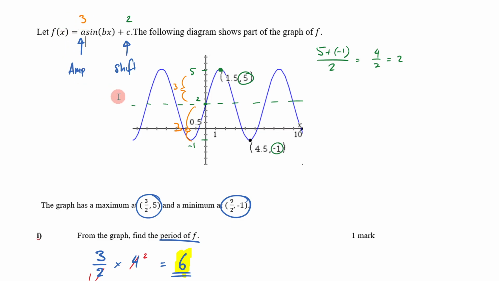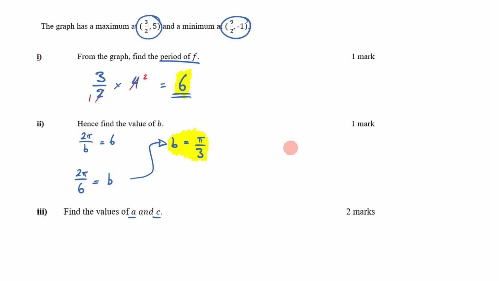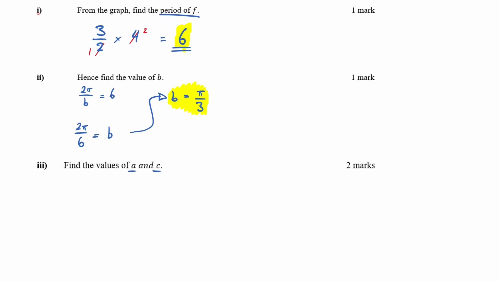If we were to write down our full answer here, A is 3 and C is 2. Therefore, 3 sine of pi on 3 x, plus 2. Perfect, and we are all done.